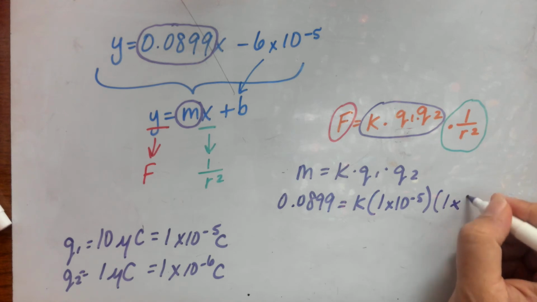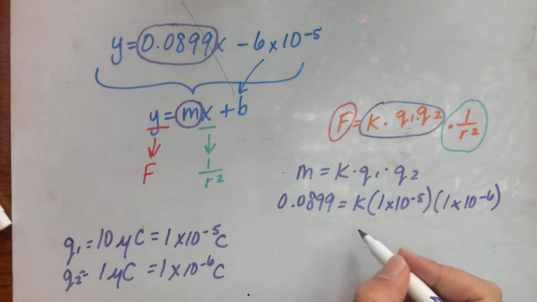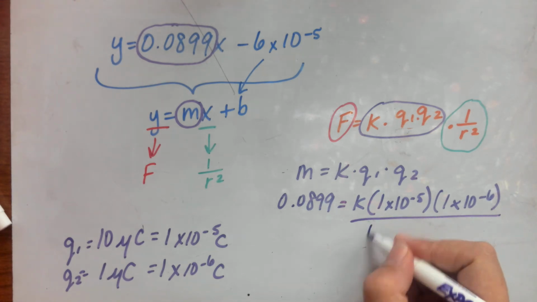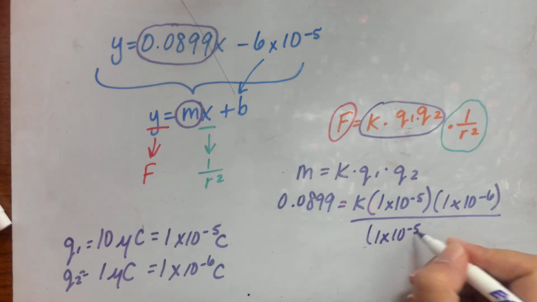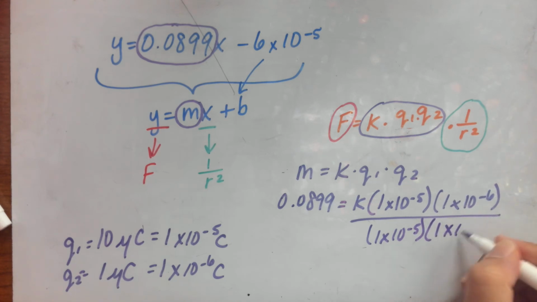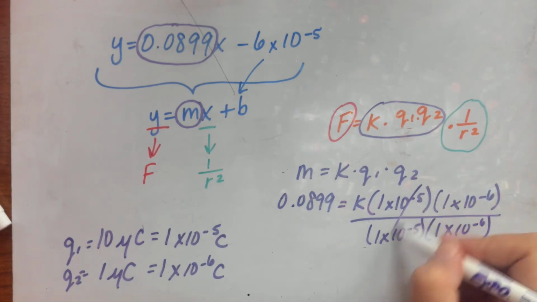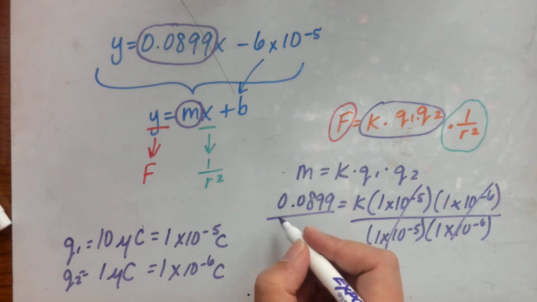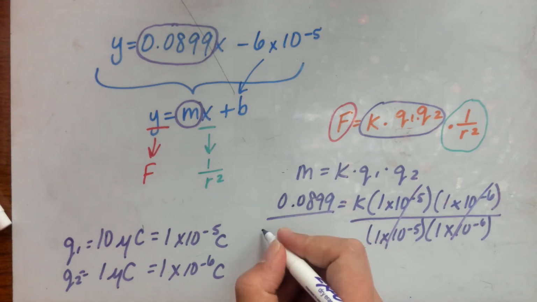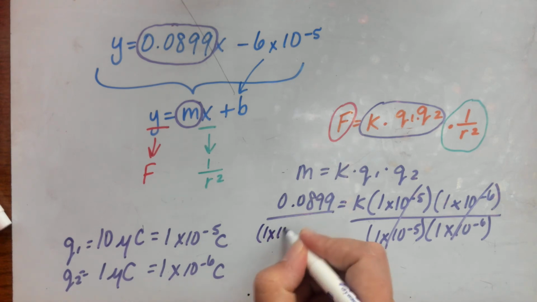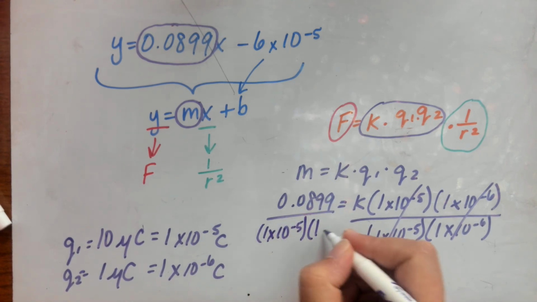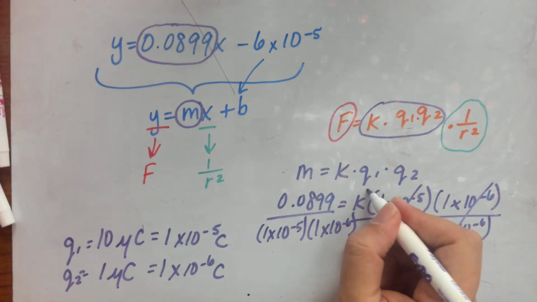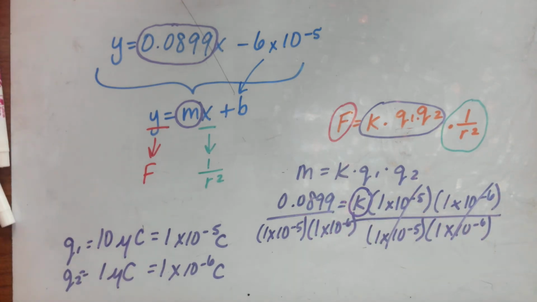So to find K, I can divide both sides by 1 times 10 to the negative fifth times 1 times 10 to the negative sixth. That cancels, and I put it over here. So I'm going to put into my calculator 0.0899 divided by 1 times 10 to the negative fifth times 1 times 10 to the negative sixth. And what I'm going to have left over is my K.